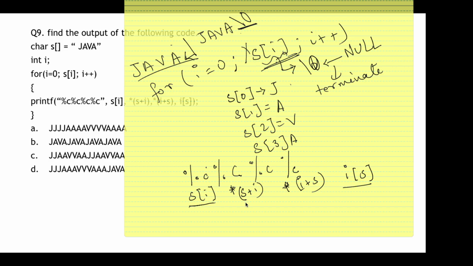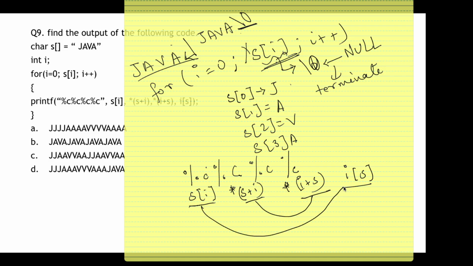Whether I write *(s+i) or *(i+s), they are same. So these two are same and these two are same. So at s of i, what do I have? At s of i first I have 0, so s of 0, what is the value? The value is J.